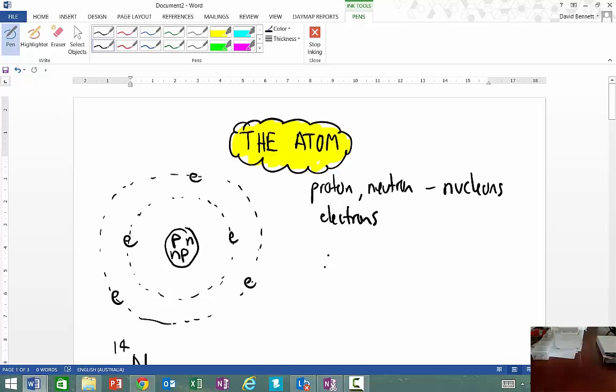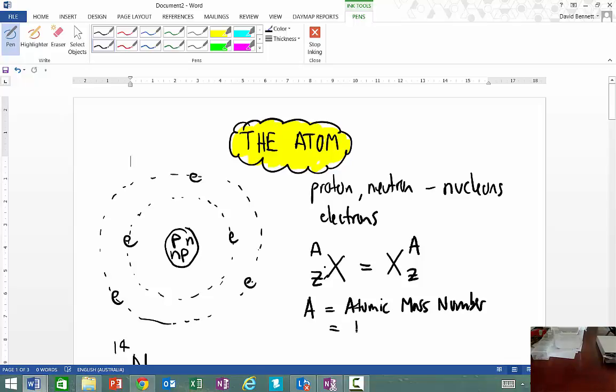Now, the symbols that we will use for an element are A and Z. A is equal to the atomic mass number, and that's equal to the number of neutrons plus the number of protons.